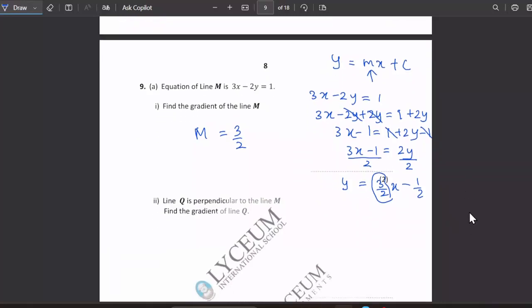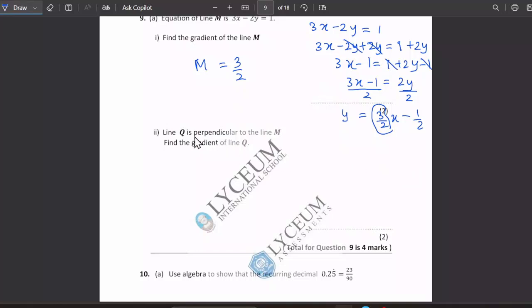Then now they are saying line Q is perpendicular to the line M. Okay. Line Q and line M are perpendicular like this. So line M's gradient is 3 over 2 and we have to find Q's gradient. Okay.